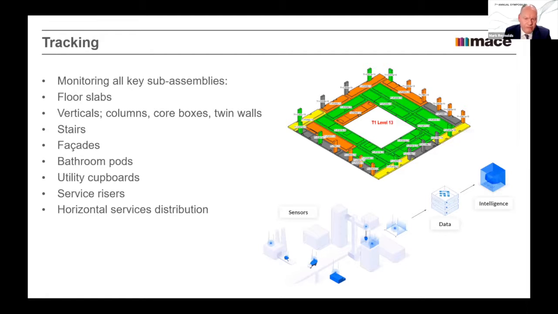We track all of these components, so we monitor our sub-assemblies through floors, vertical slabs, vertical columns, cores, twin walls, facades, bathroom pods. They're all on a tracking system using Wynomia, so we know how long things take within the process of these sub-assemblies, so we can track the time from manufacture through to site installation.